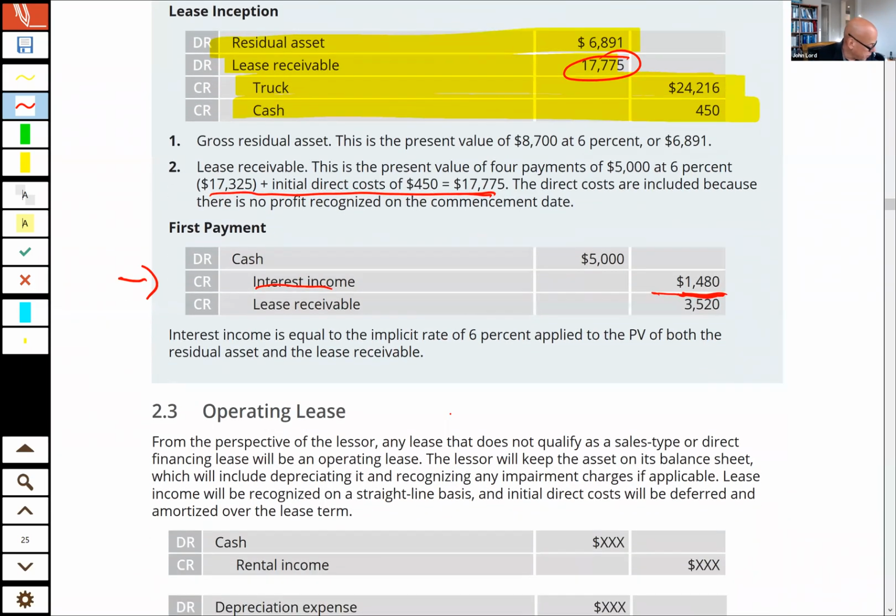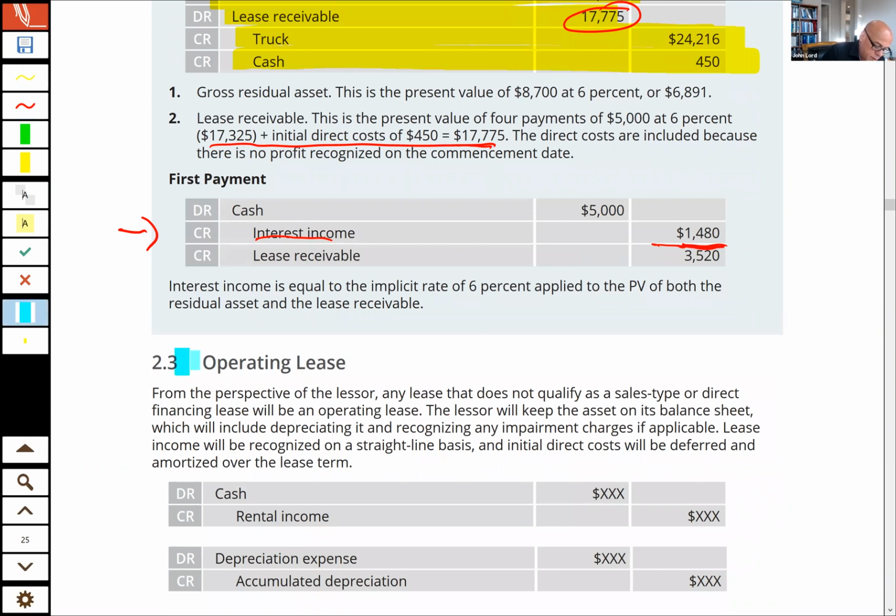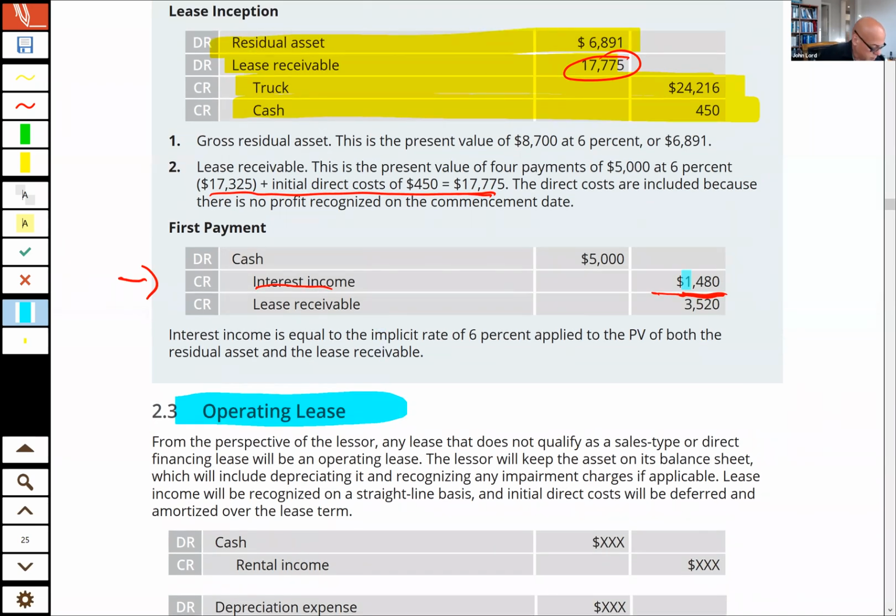All right, good. Now, if it is an operating lease for the lessor, now it becomes real easy for us, right? Let me ask, are we clear on where we got this number? That may not be the easiest thing to see, where that 1,480 came from. Let's make sure we're clear on that. So we took the 17,775 plus 6,891, right?